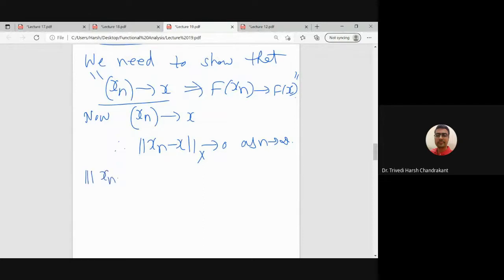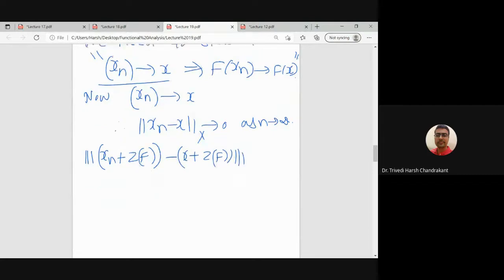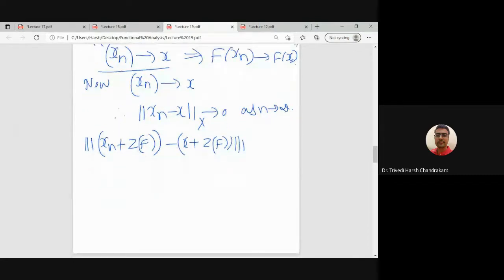If we take xn plus kernel of f minus x plus kernel of f, this is basically xn minus x plus kernel of f, because it is a quotient space, so we have vector space addition in the quotient space. This is a vector space operation on the quotient space.